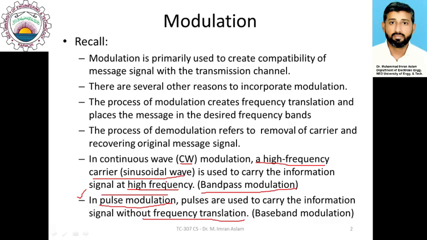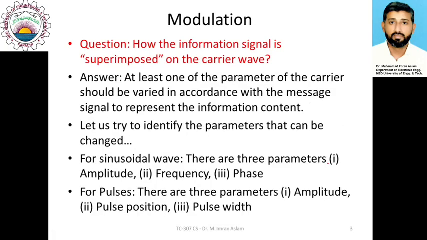So that's why this pulse modulation is sometimes named as baseband modulation. So this was a quick review regarding the discussion that we had previously regarding the modulation. So now let us start the discussion for today's lecture.